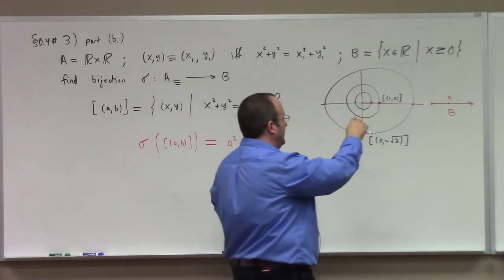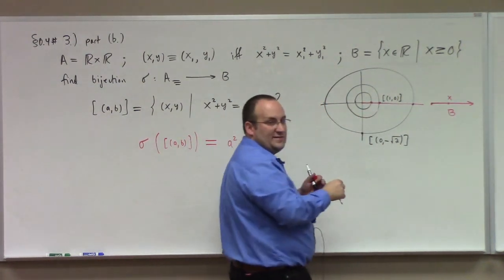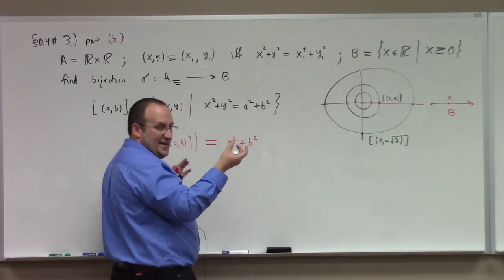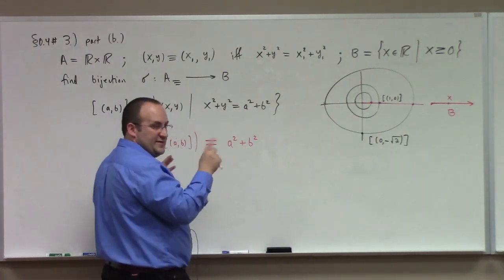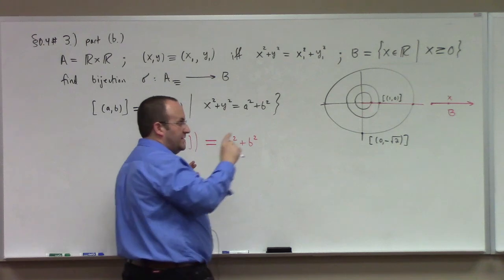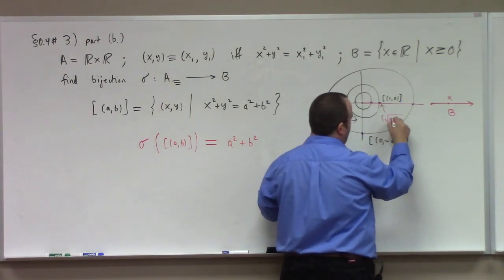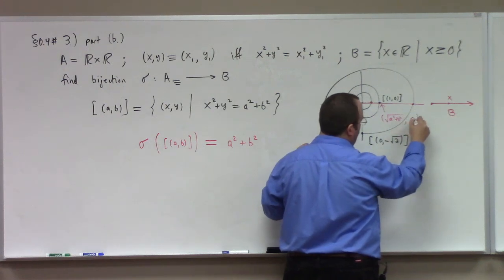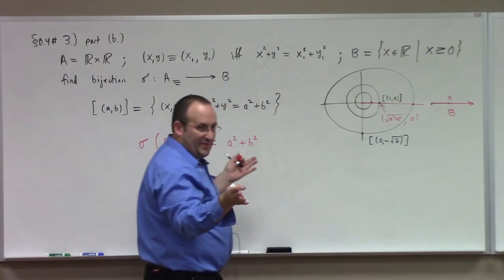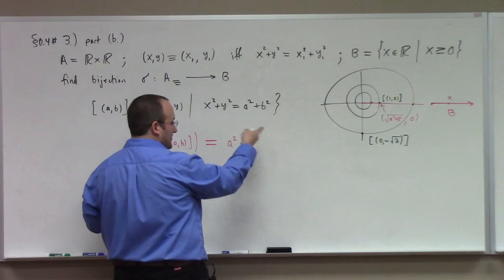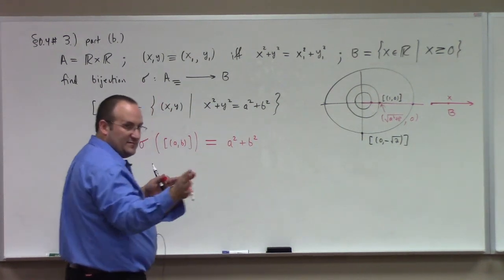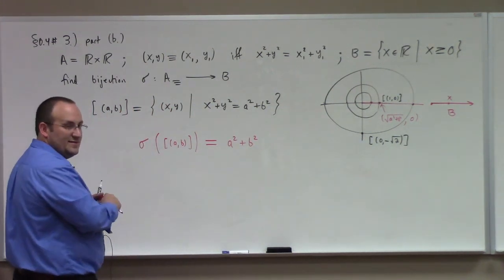That point will be square root of a squared plus b squared, comma 0. My map is your map with a square root. But good, I think yours is better.